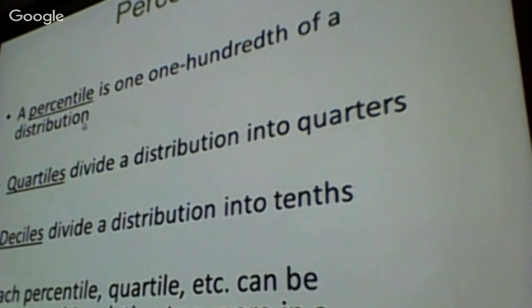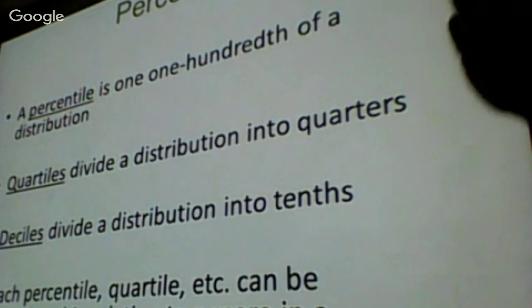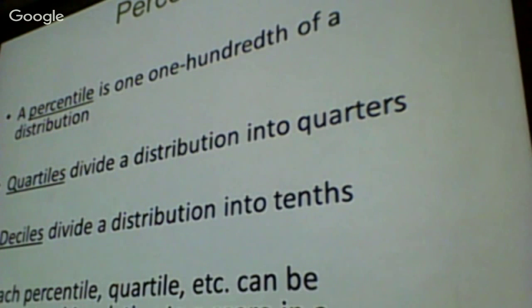So in my normal curve, if I divide that by 100 bits, 1 percentile is 1 of those hundredths, and so forth. A quartile we've done already. We separate the distribution into fours, and deciles into tenths. There's quintiles and tertiles. Again, in this class, I only ask you to compute quartiles, but the percentile we'll use right now.